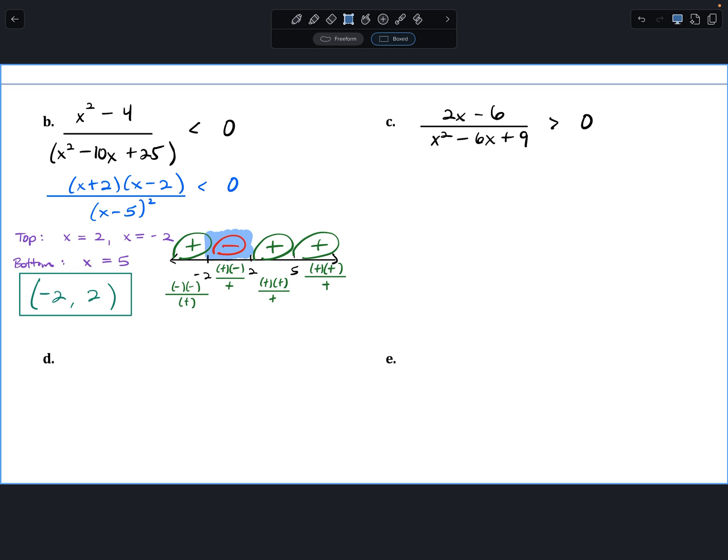What should I do first? Factor. So we're going to have 2 times x minus 3 because I have a GCF of 2. The bottom factor is 2 x minus 3 times x minus 3.